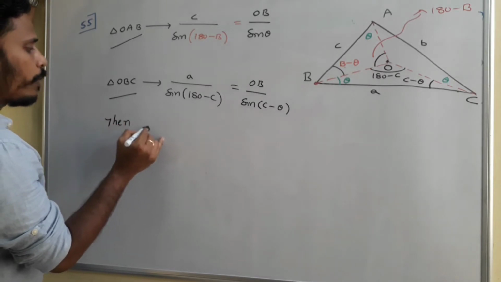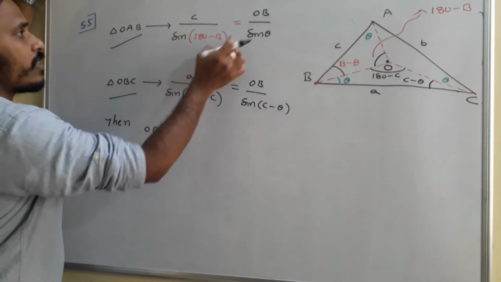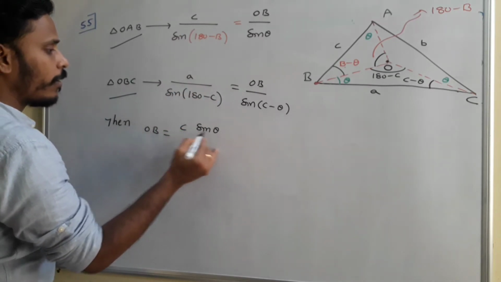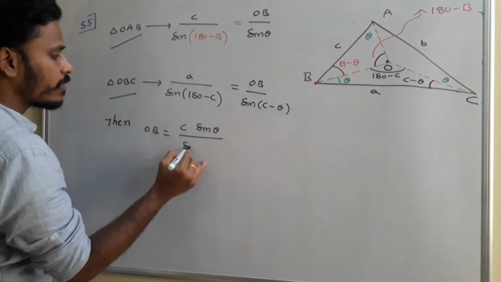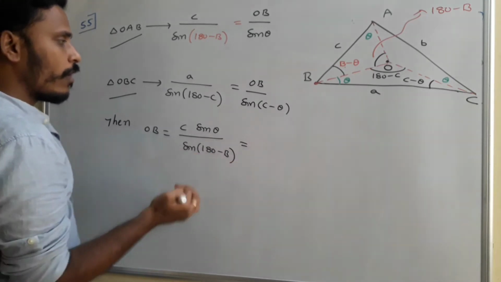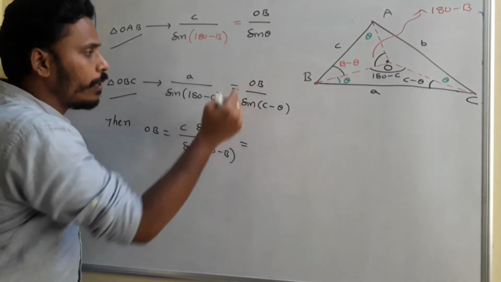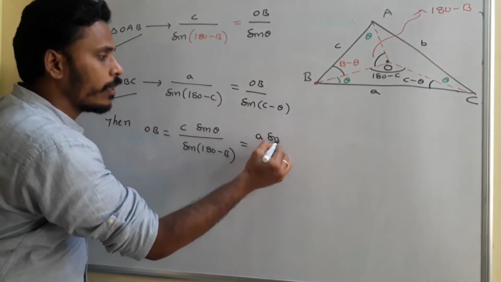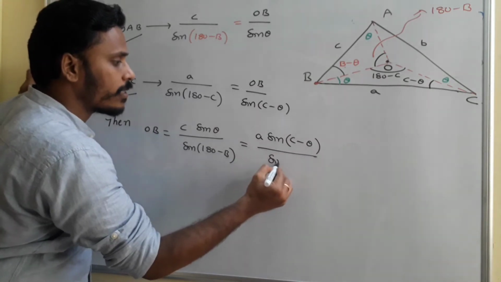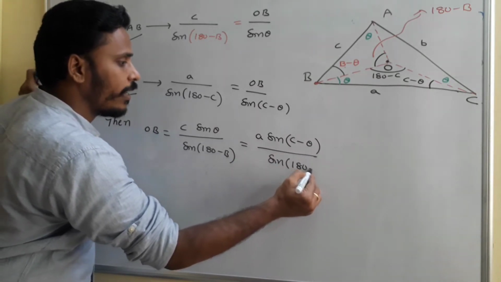From the first diagram, OB is nothing but C sine theta divided by sine of 180 minus B, and from the second relation, OB is equal to A sine of C minus theta divided by sine of 180 minus C.